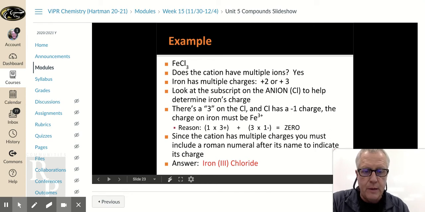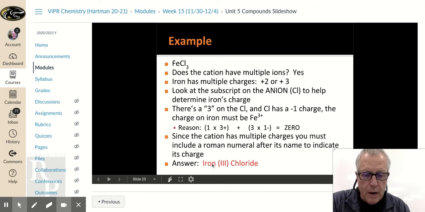Chlorine by itself would be minus 1, but there's 3 of them, so that's a total of negative 3 on the anion side. That means this is iron 3 plus. Iron can also be 2 plus, but in this case it has to be 3 plus because of the 3 negative charges here.